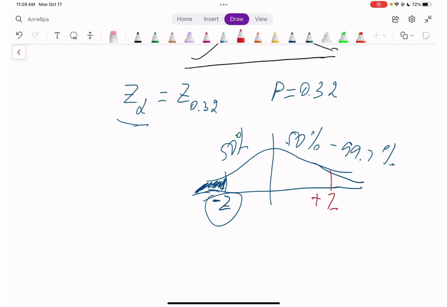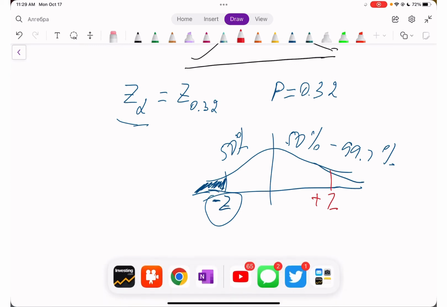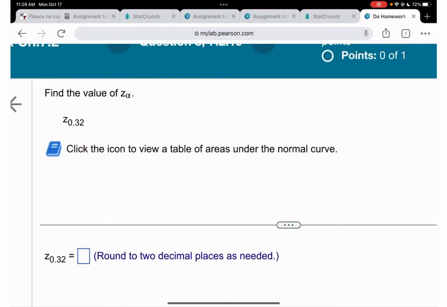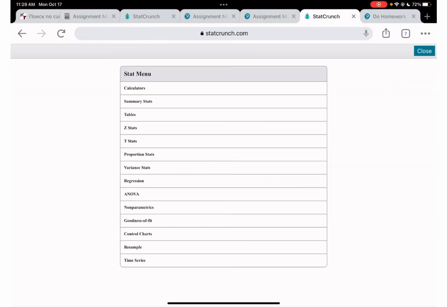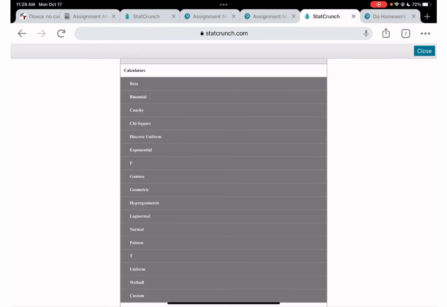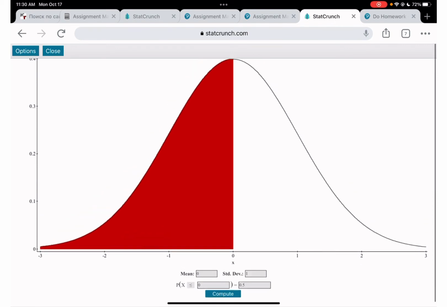So let's see, I'm going to go now to find the probability less than 0.32. Here is that crunch. Okay, stat, calculation, where is it, normal. Okay, we're going to find less than 0.32.